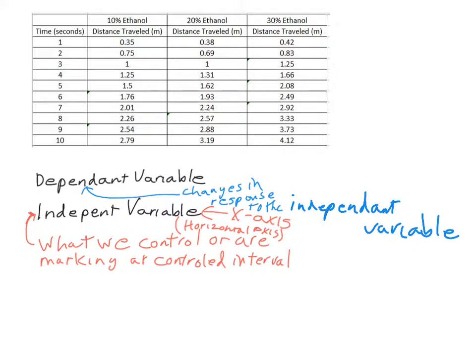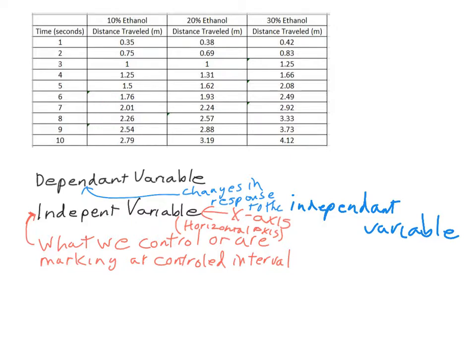For example, in this data set, we're measuring the distance our rocket travels as a function of time. We don't have a control over how far our rocket's going to travel.